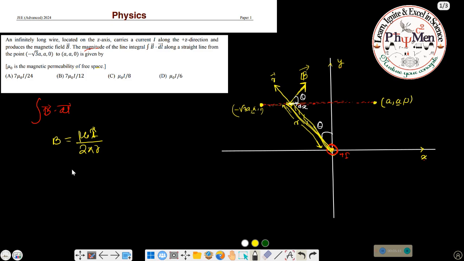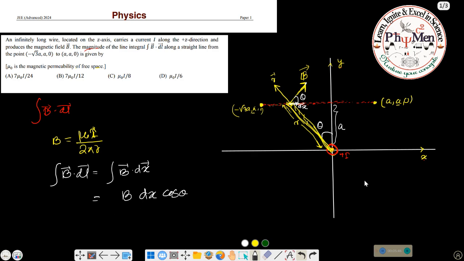Now if we calculate the B dot dl value, B is along this direction and dx is along this direction, so B dot dx comes out to be B dx cos theta. From this diagram, this length is a and this length is r.